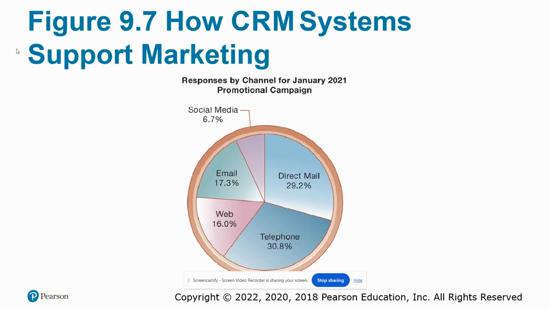Customer relationship management software provides a single point for users to manage and evaluate marketing campaigns across multiple channels. Those might include email, direct mail, telephone, the web, and social media.